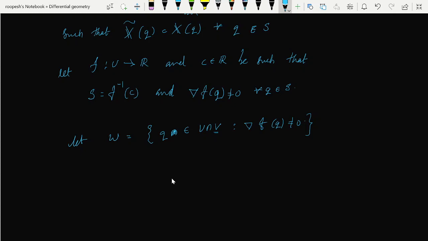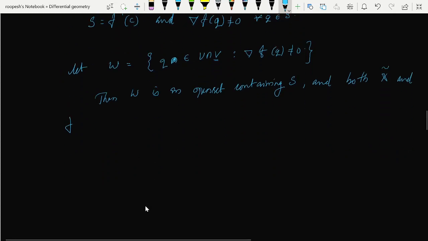Then this W is an open set containing S, and both X tilde and F are defined on this W.